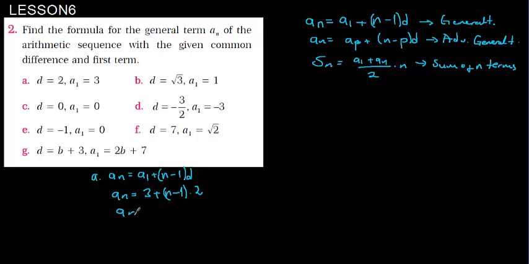So an is equal to 3 plus, when you distribute, 2n minus 2, and an is equal to 2n plus 1. So for the first question, the general term of the sequence is an equal to 2n plus 1.